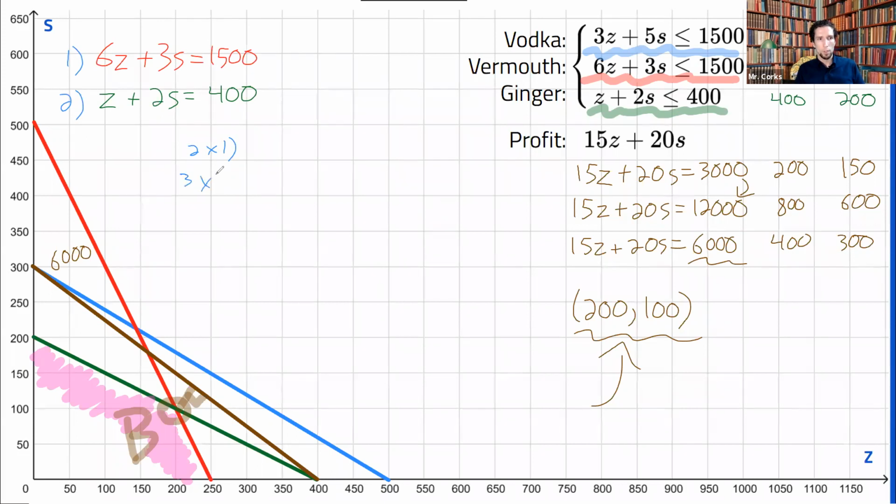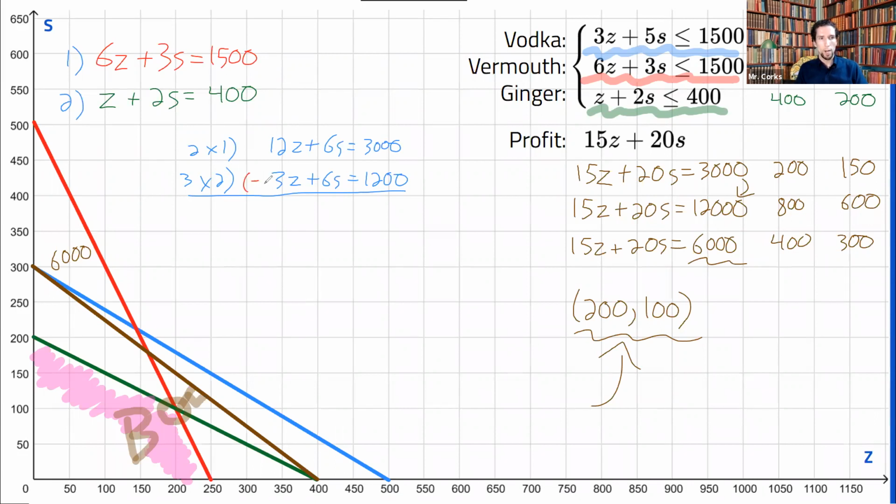That's 12Z, 6S, and 1,000 on one side, 3,000 on the other, and the other one is going to be 3Z plus 6S is equal to 1,200.